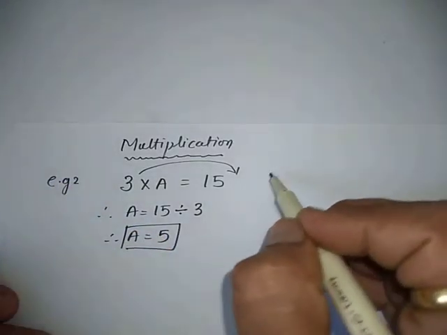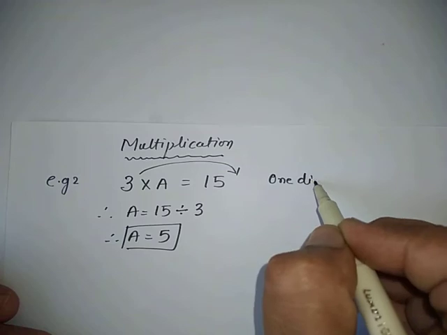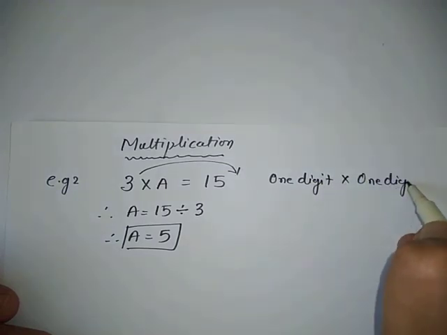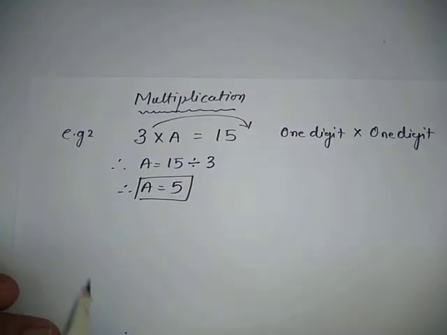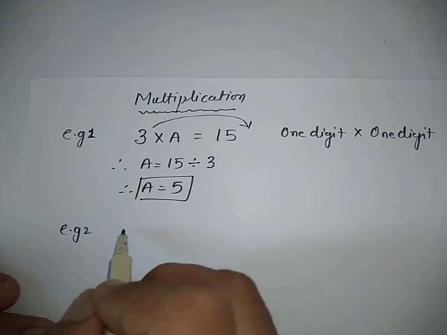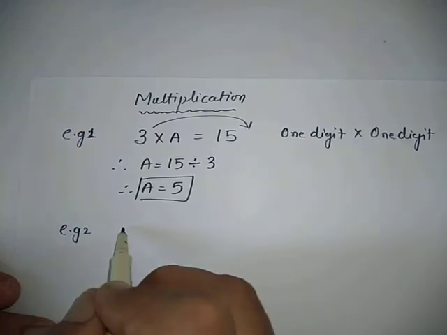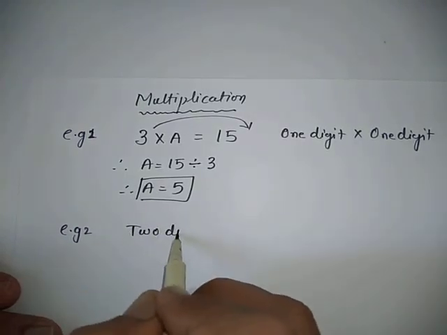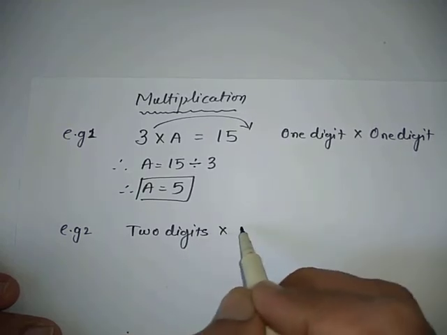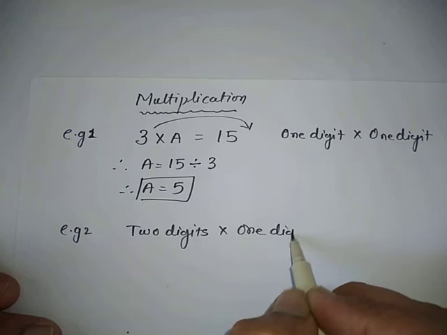We can take this, 1 digit multiplied by 1 digit. Same way we can go for example 2 digit multiplied by 1 digit.